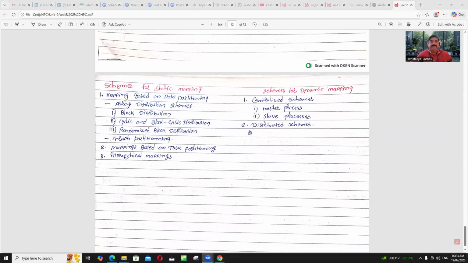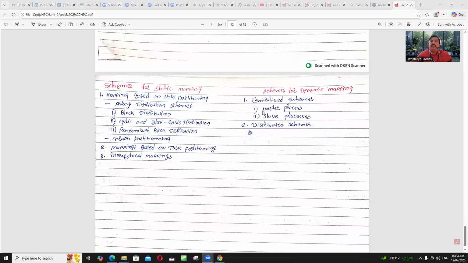There are a number of schemes for static mapping. First is mapping based on data partition. It consists of the array distribution scheme, block distribution scheme, cyclic and block cyclic distribution, then randomized block distribution.